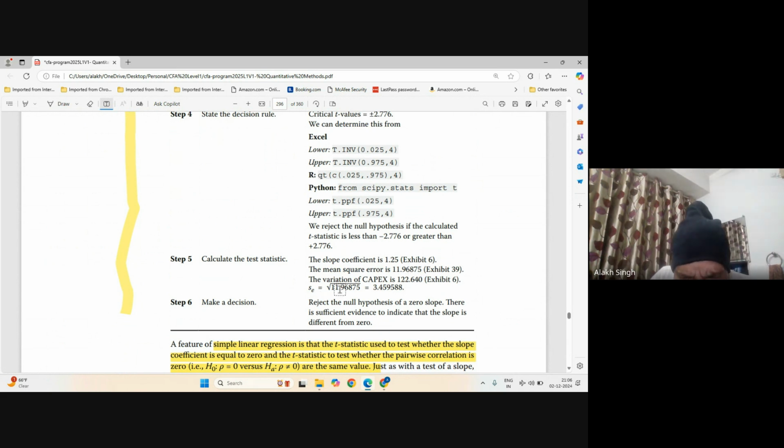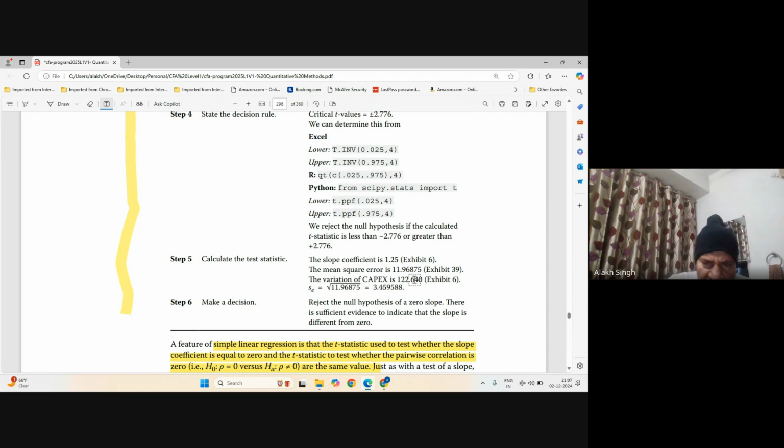The variation in capex, xi minus x bar, we had calculated as 122.64. So the standard error becomes the root of 11.96 divided by 122.